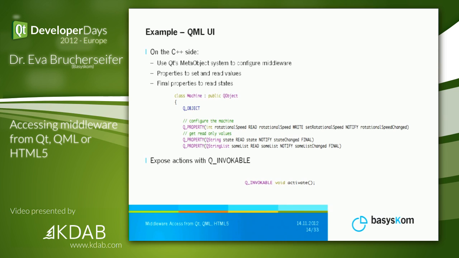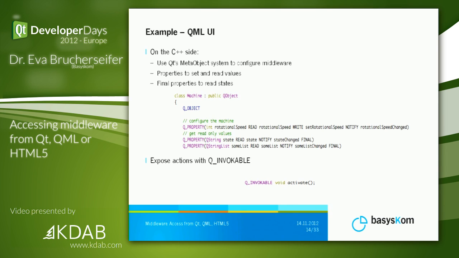And we want to export our machine entity to QML. So we just write a class Machine in C++. We use the Qt meta-object system again to be able to later access all the middleware functions from QML.